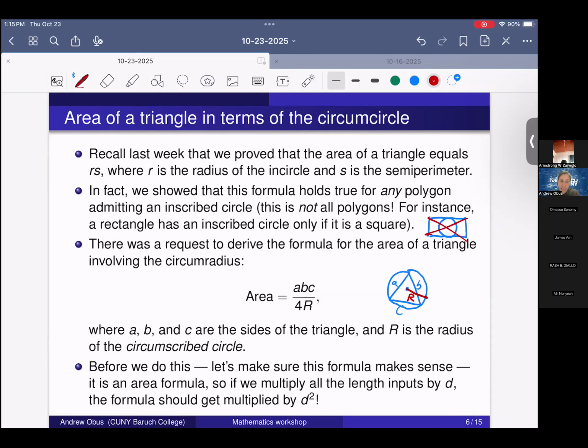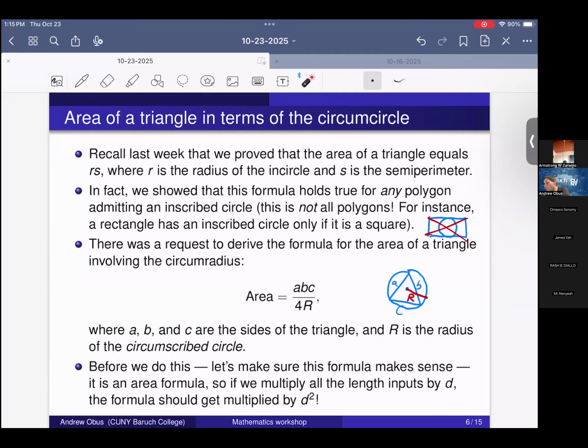If you multiply the length inputs by d, then the formula has to get multiplied by d squared. So let's try it out. What are our length inputs? Well, A, B, and C are the lengths of the sides of the triangle. And R is also a length because it's the length of the circumradius. So A, B, C, and R are all lengths.